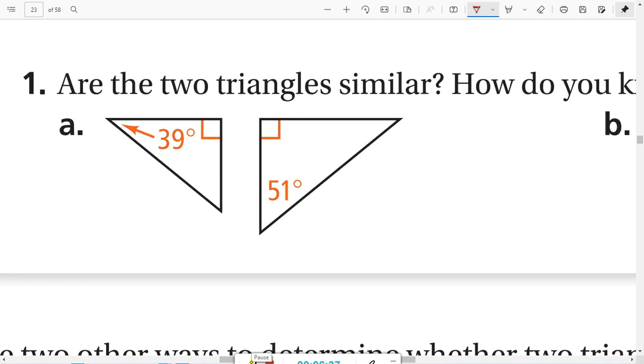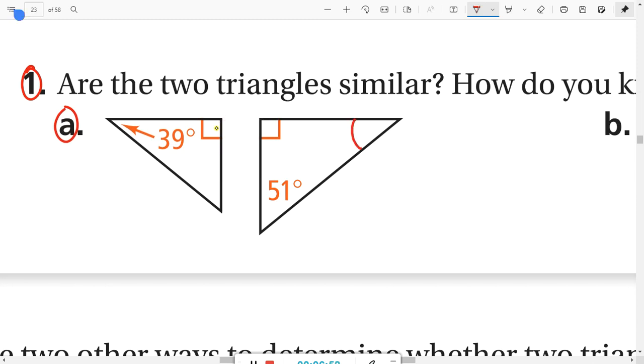Okay, please pause and try Got It problem 1A. Are the two triangles similar, and how do you know? Okay, so we have the 90-degree angles match. All right, we have to find the third angle on one of them.